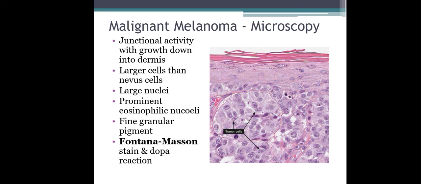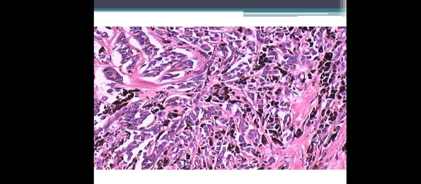For melanin, the special stain is Masson Fontana. If you stain with Masson Fontana, it will be more black. In cases where you are not seeing cytoplasmic melanin pigment, if you stain with Masson Fontana, you will get this blackish pigment inside the cytoplasm. See here, in this case you can see this blackish pigment. In those cases, you need not do the special stain.